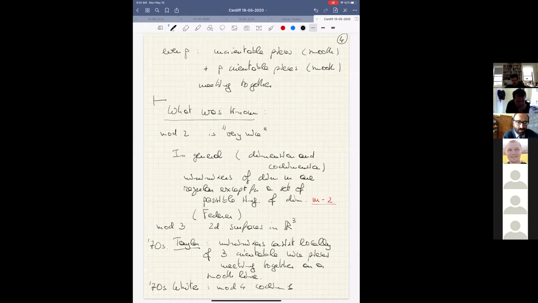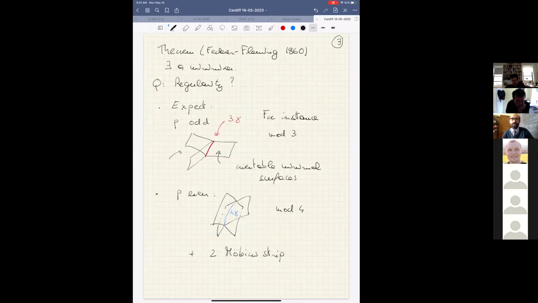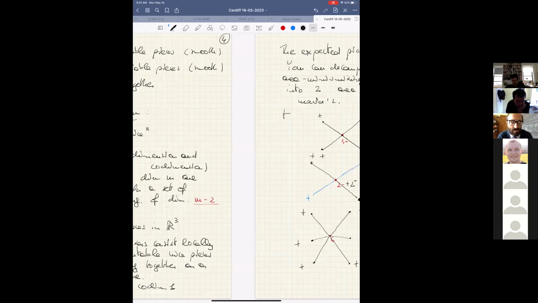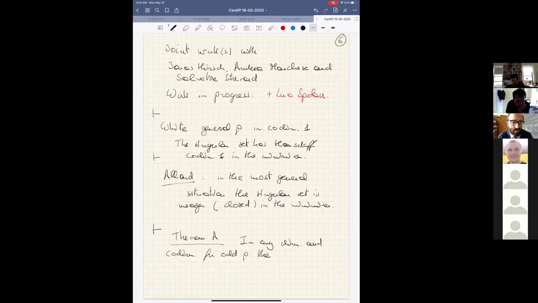Let me say this is picture A, and this is going to be picture B. So picture A is actually correct.